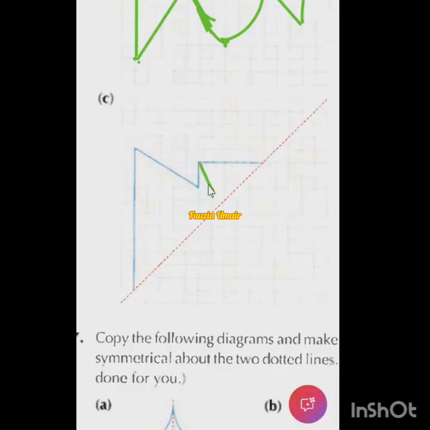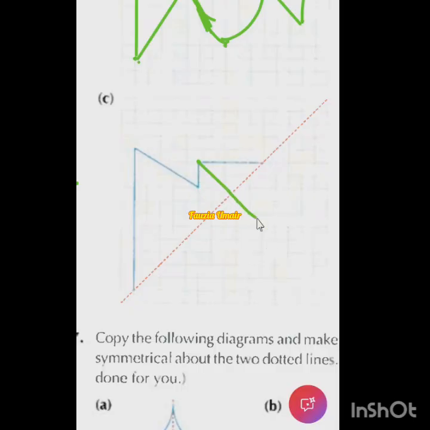If you need to draw the image of this point, you will take this point and draw a perpendicular. Here, you will see how far that is from the diagonal line. So it's 2.5. So now you will count half, 1.5, and 2.5.